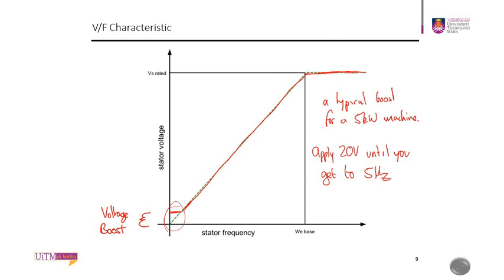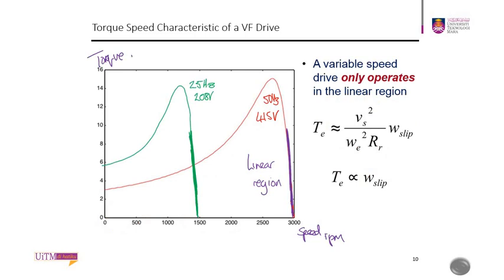Another example here, you have your torque to speed graph. You can see, for example, the motor characteristic. If we apply 25 hertz with a 208 voltage ratio, that is represented by the green line here, and you have the 50 hertz to 450 volt, represented by the red line here.